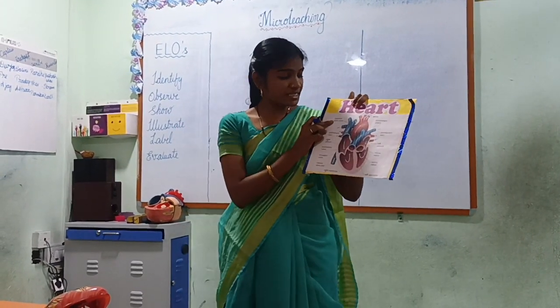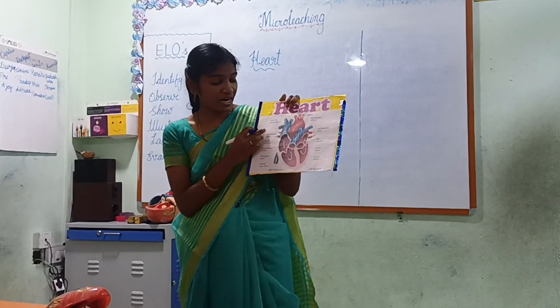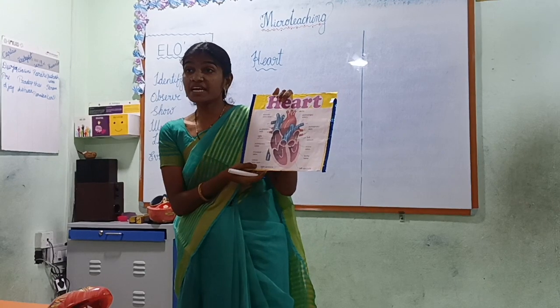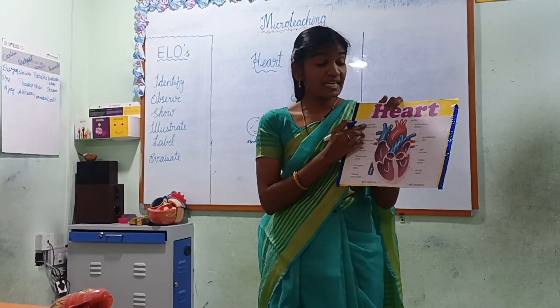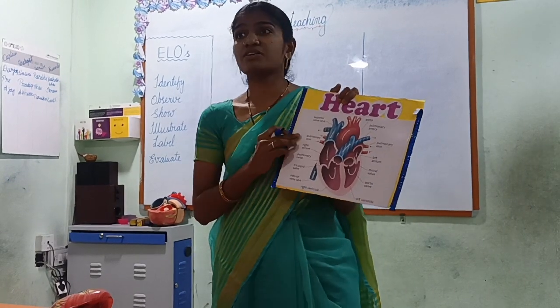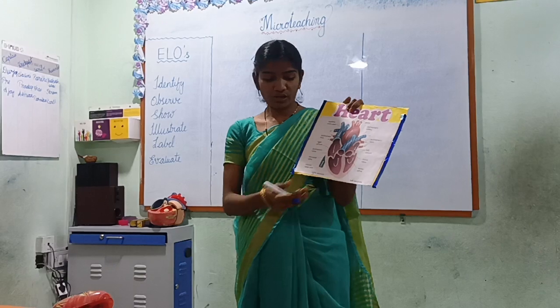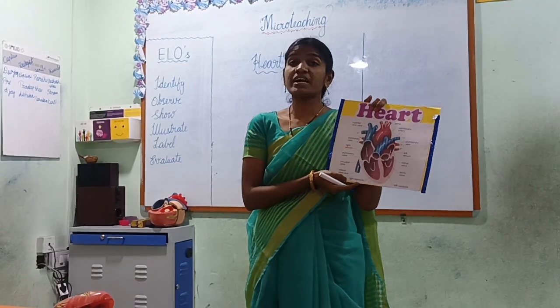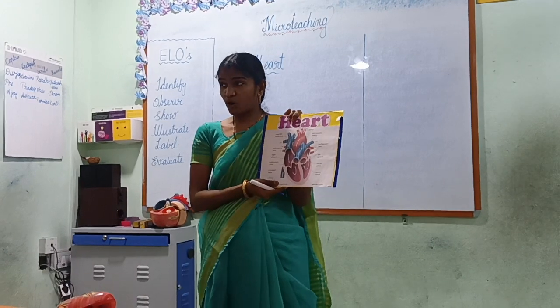See here, this is the superior vena cava, and this is the inferior vena cava. The superior vena cava collects the blood from the upper parts of our body, like head, neck, and hands, and the inferior vena cava will collect the blood from the lower parts of our body.